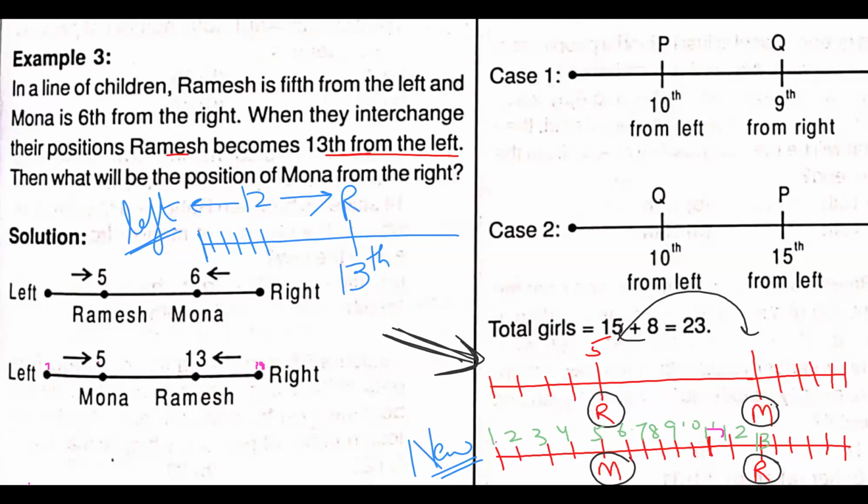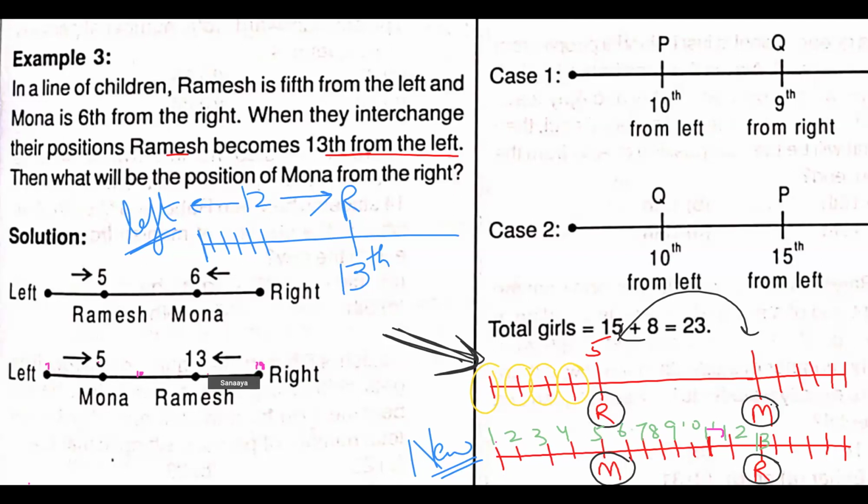So this is the first row that we have drawn. We have drawn a linear row and we have placed Ramesh at the 5th position from the left. And you can see, since Ramesh is 5th from the left, we have drawn 4 people before Ramesh. 1, 2, 3, 4, and then at the 5th position we have placed Ramesh. The next condition is that Mona is 6th from the right.